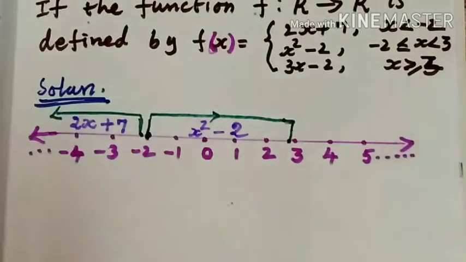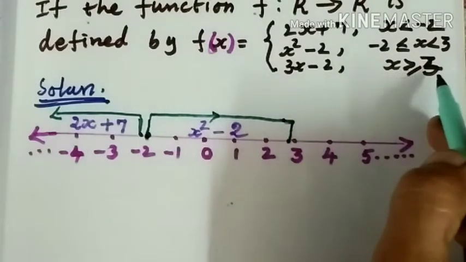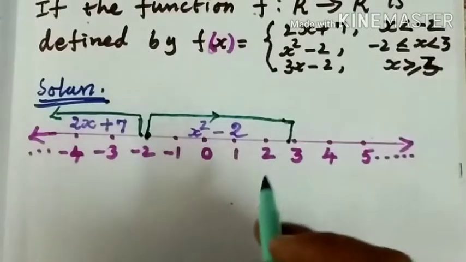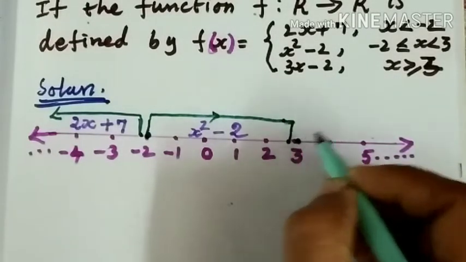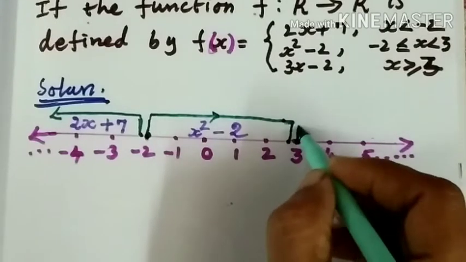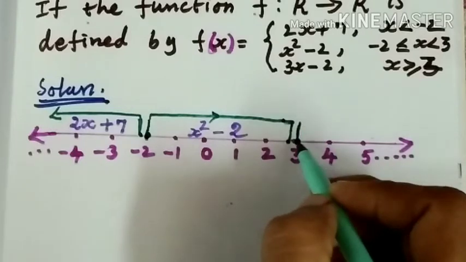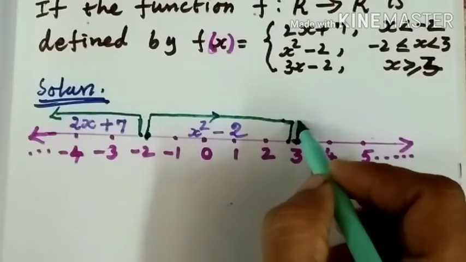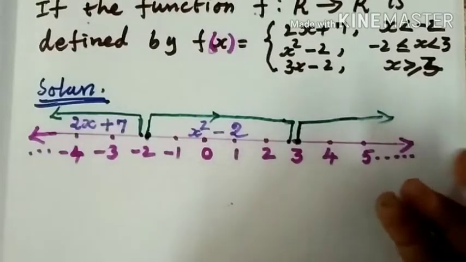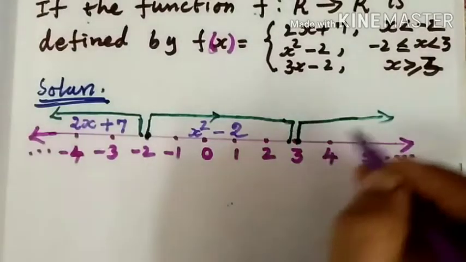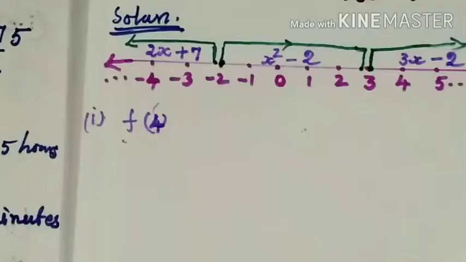Then the next function 3x minus 2, x greater than or equal to 3. You start from the number 3 and move towards the right side, which is 3x minus 2.